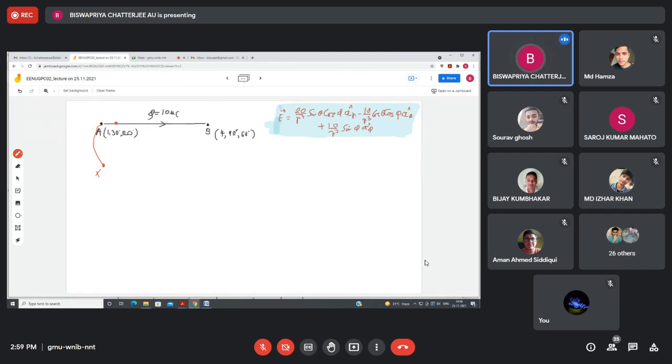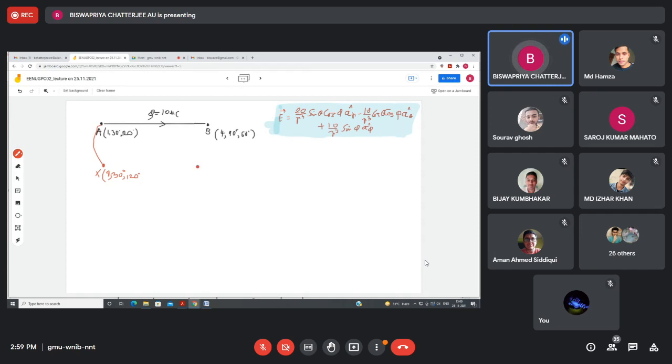So first we shall take this 10 microcoulomb charge from A to X such that the location of X is 430 degree, 120 degree. Okay, so the location of X is 430 degree, 120 degree.